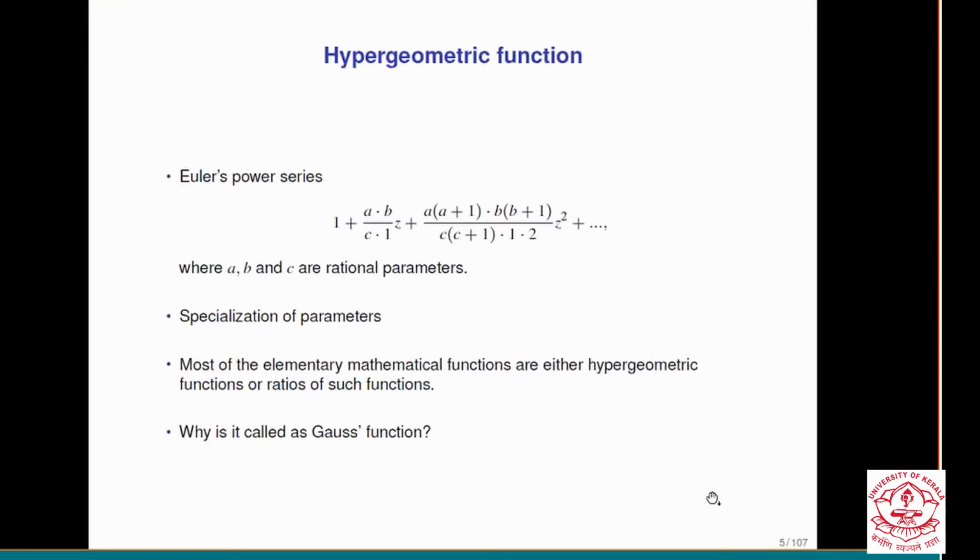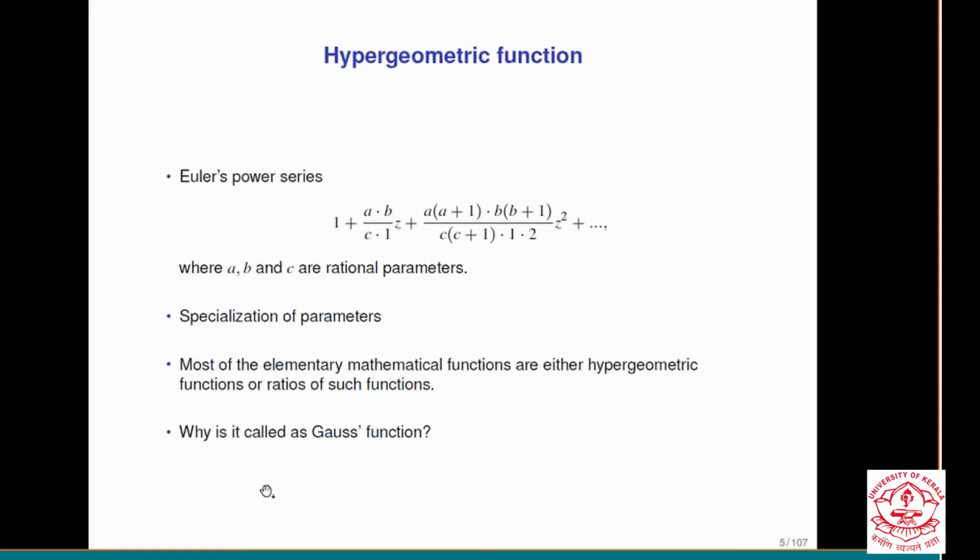The power series is given like this: 1 plus a·b divided by c·1 z, plus a(a+1)·b(b+1) z squared divided by c(c+1)·2, and so on. Here a, b, c are the complex parameters, and this series is known as the hypergeometric series, because the geometric series is a special case of this hypergeometric series.